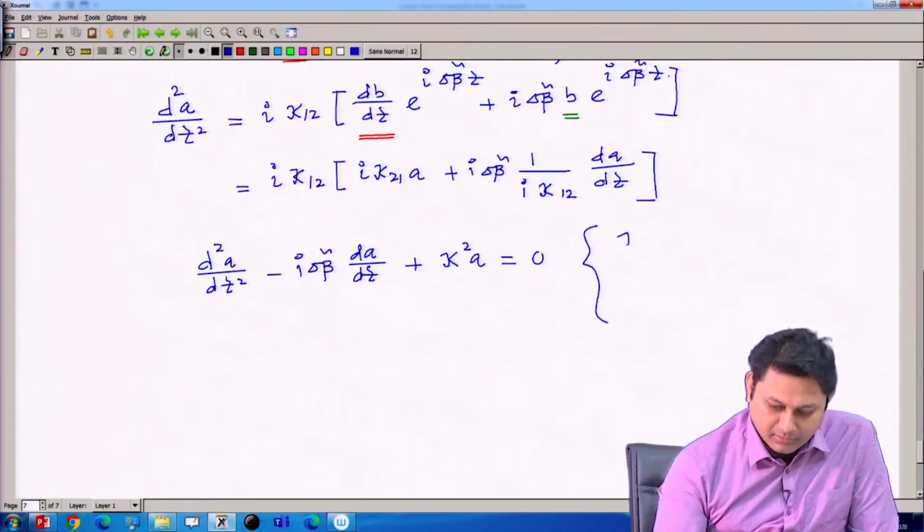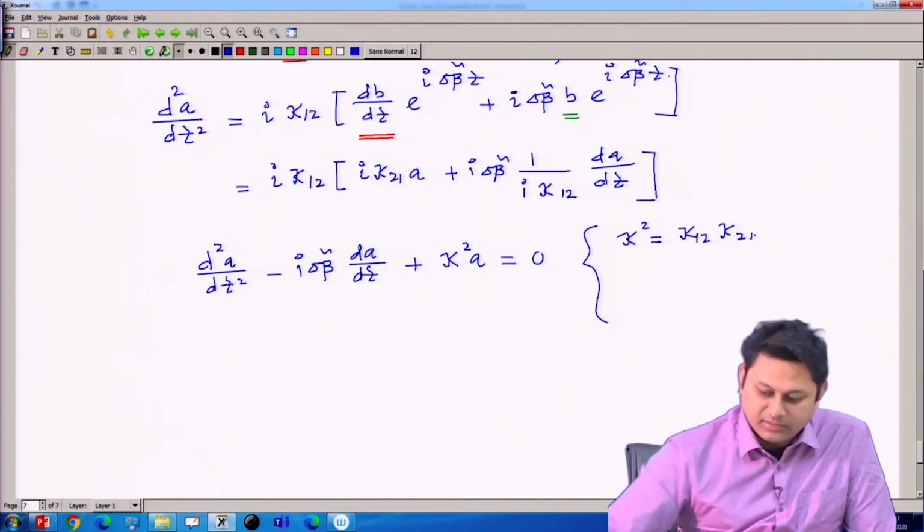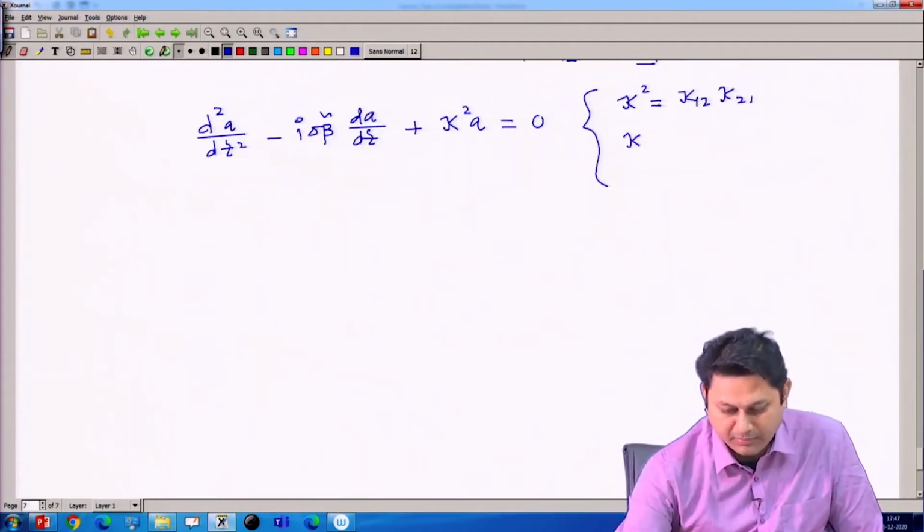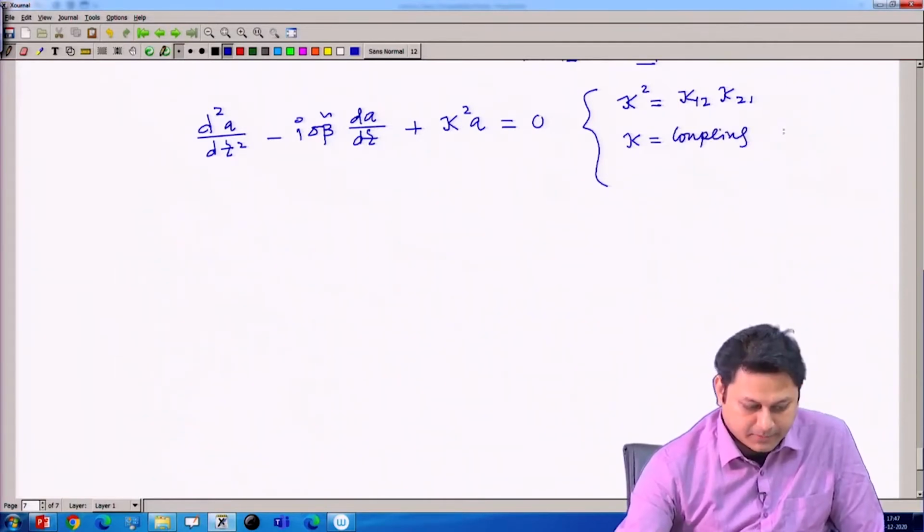Here this kappa square I write as kappa 1 2 multiplied by kappa 2 1, and this kappa is called the coupling constant.